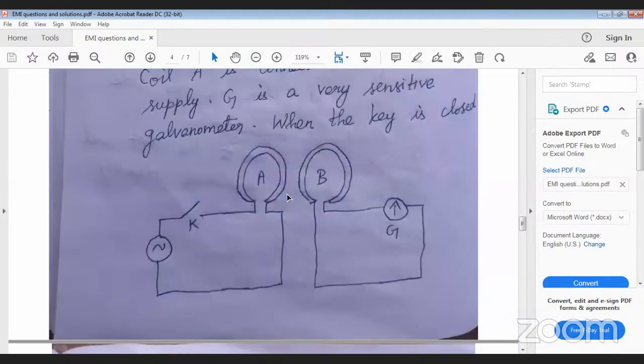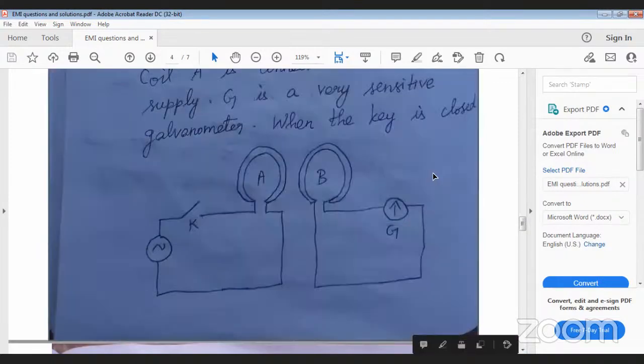So you will be having a time varying magnetic field, which is also linked with coil B. The magnetic field linked with coil B changes, and due to that you will be having induced current, and due to the induced current, the galvanometer will show deflection.